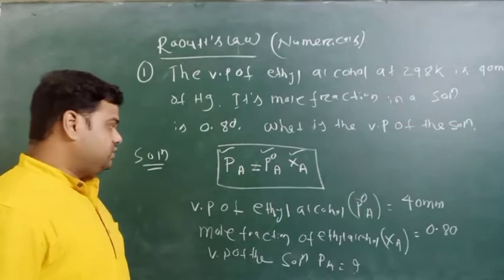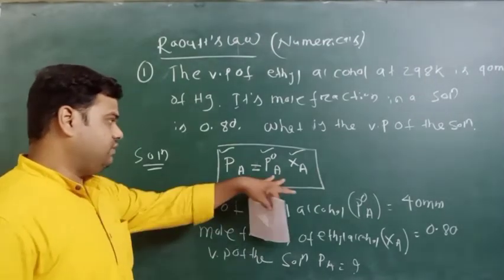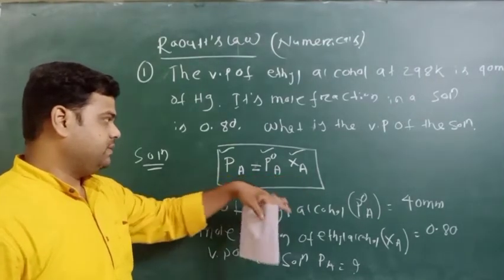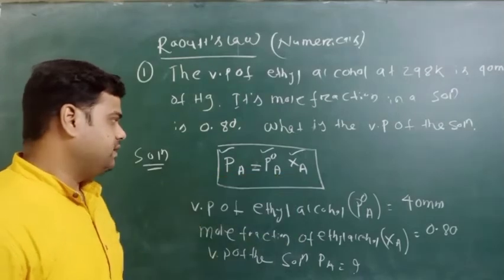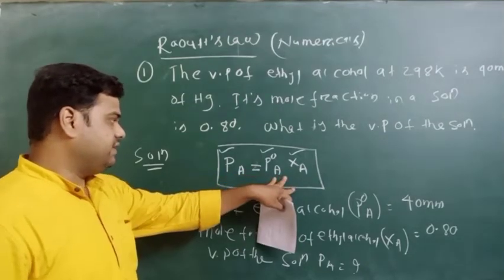We will put the value of P0A into XA, and while multiplying, the value will come.